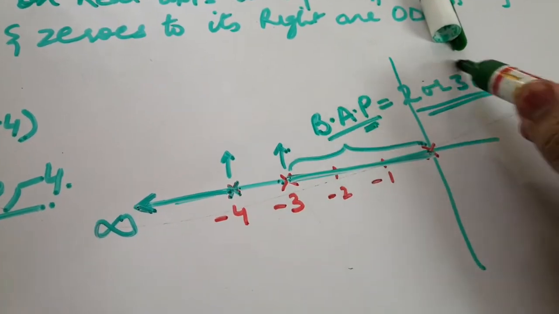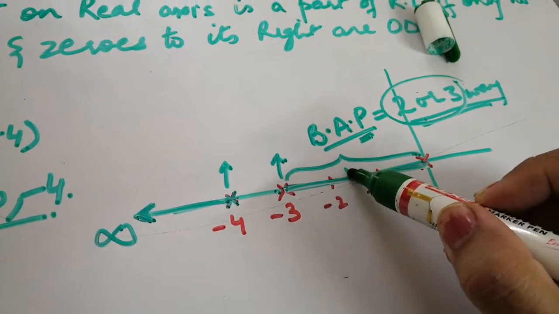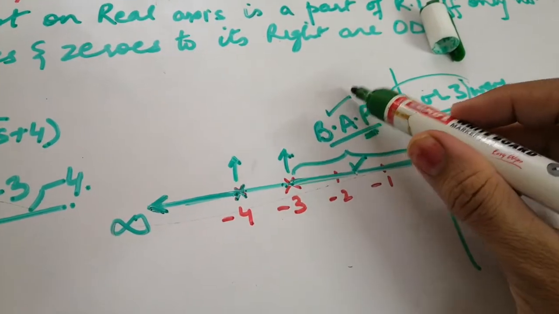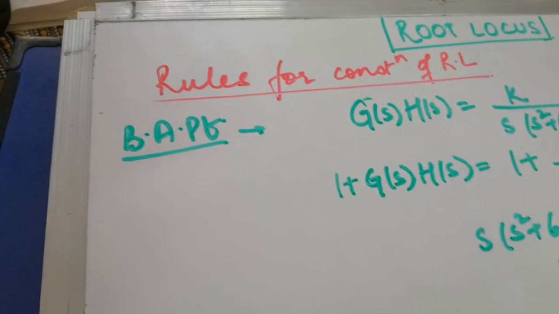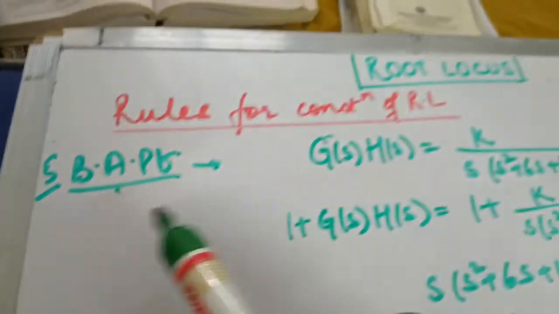From these 2 or 3 values, only the single point that lies on the root locus branch is the one we take. So now let's discuss this rule. Now we come on to our next rule that tells us how to find this breakaway point.